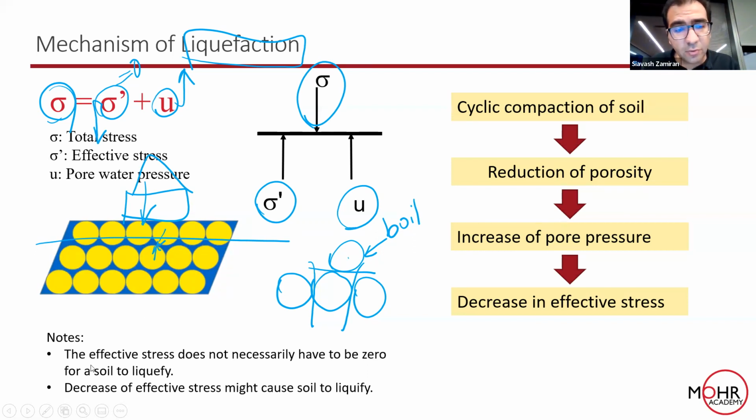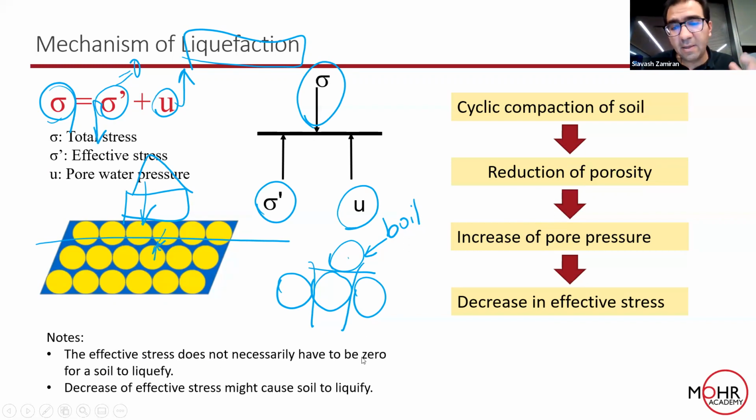We have two notes here that are important to mention. The first note is that in theory the effective stress gets to zero and then the soil liquefies, but that is not a necessary condition in the actual field. In the actual field, the effective stress does not necessarily have to be zero for a soil to liquefy.